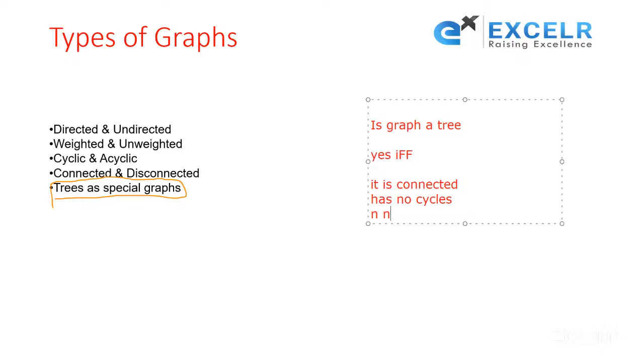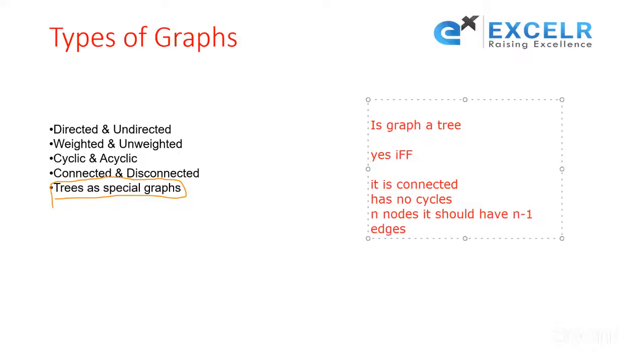For n nodes, it should have n minus 1 edges. So if these three conditions are met for a graph, then we can say it is a tree.